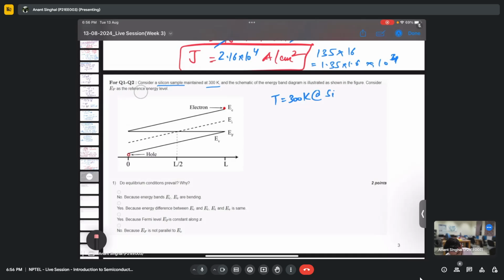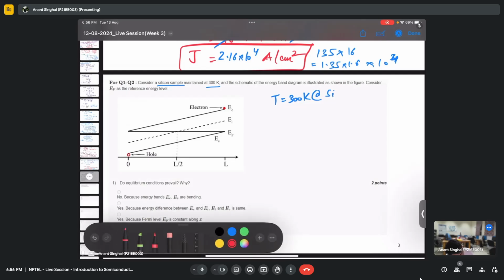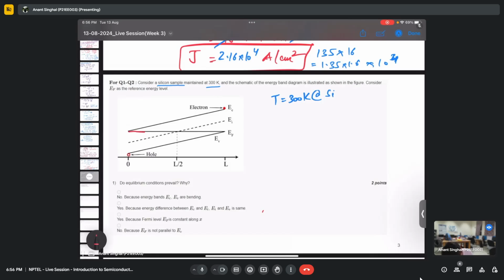Consider EF as a reference level. So we have a Fermi level which is constant. So if I can make it bolder, this is the Fermi level. The question is asking, do the equilibrium conditions prevail, and if they prevail, then why?